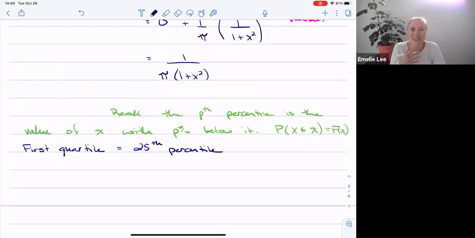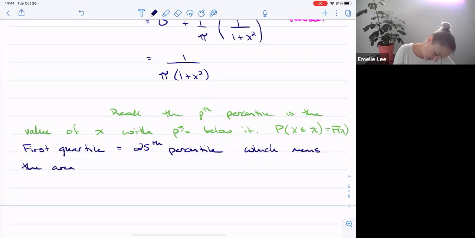Which means the area to the left of some point, x, is 0.25.